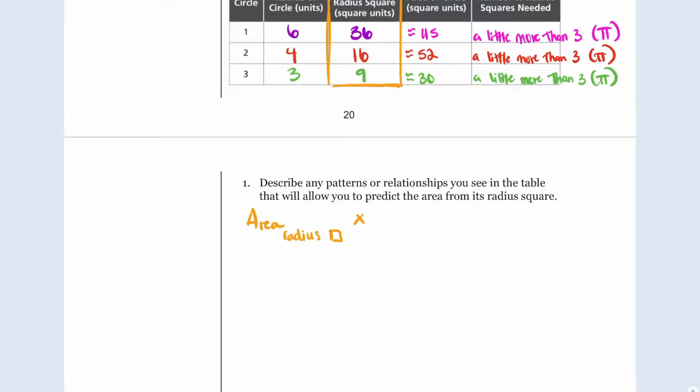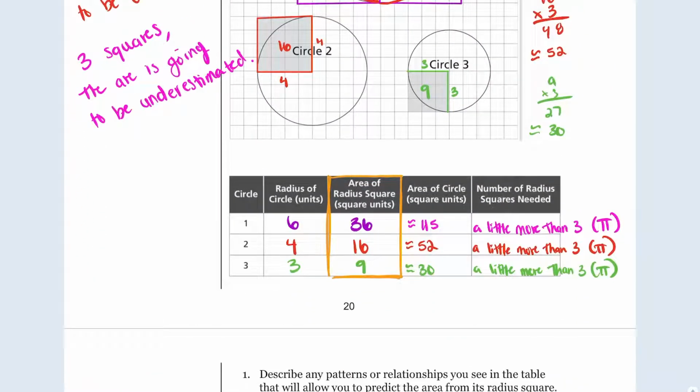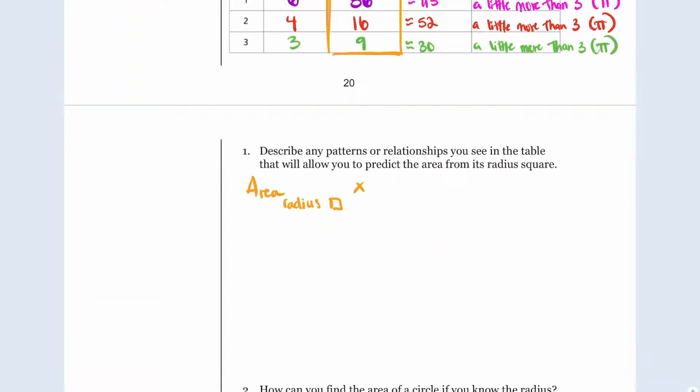Well, if I look up here, I multiplied it by 3, but then I needed to multiply it by a little bit more, right? There's that specific number that we always talk about when we're talking about circles. Yes, we need to multiply this area of our radius square by pi. Then this gives us the area of our circle. Well, let's rewrite this.